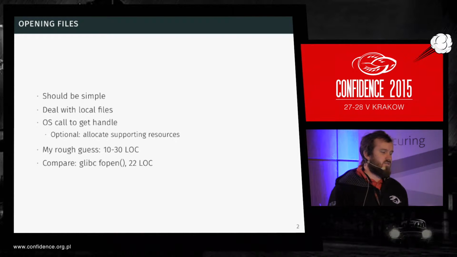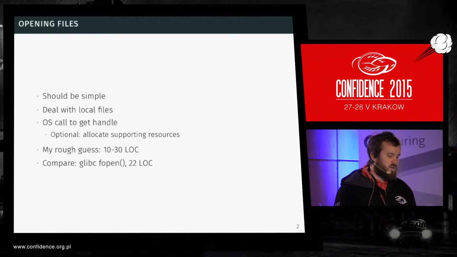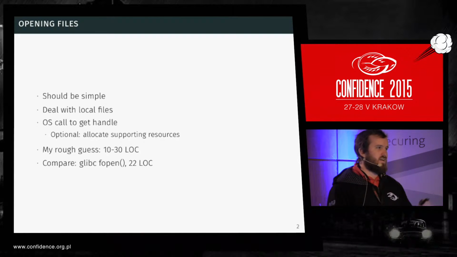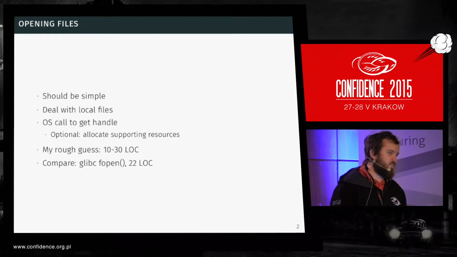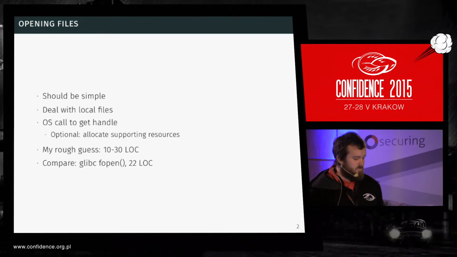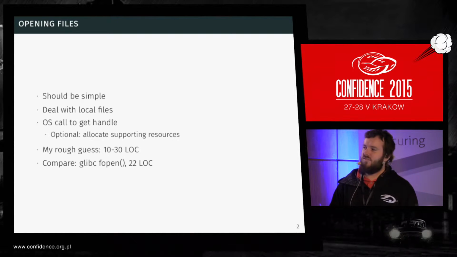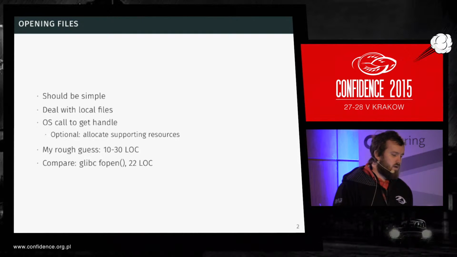Maybe, depending on your language, you want to allocate some buffer or some supporting resource. But overall, I think this should be a simple operation. If I would guess, you could implement something in 10 to 30 lines of code. For example, the glibc fopen is 22 lines of code. So yeah, that would be reasonable, I think.